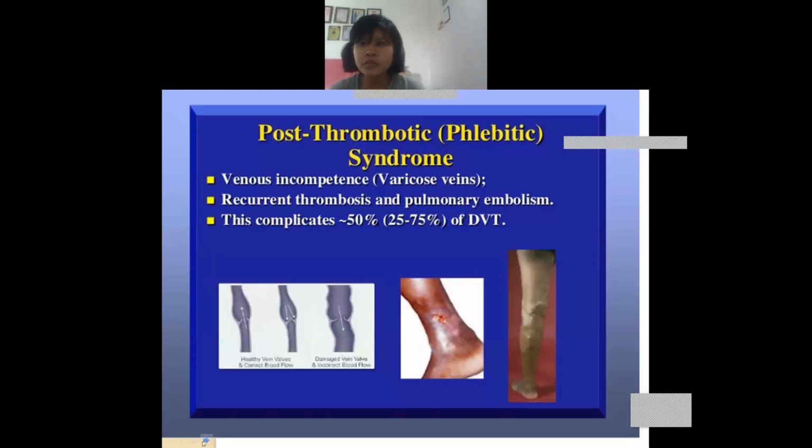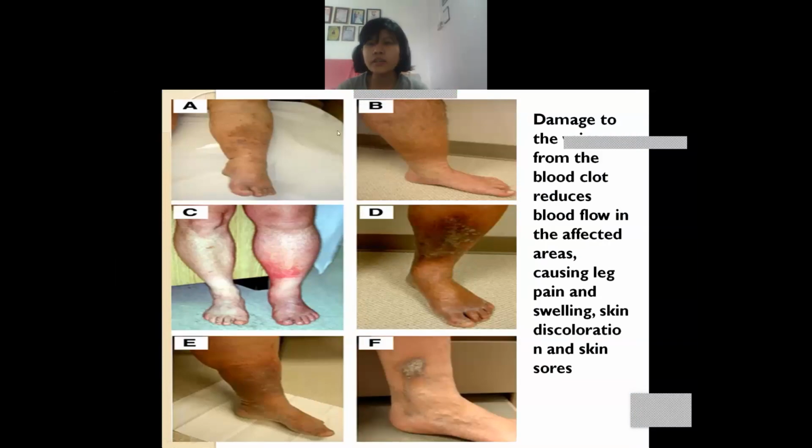Okay. So another syndrome is post thrombotic syndrome. So this is the post thrombotic syndrome. Here it's more clear. Okay, what happens here?